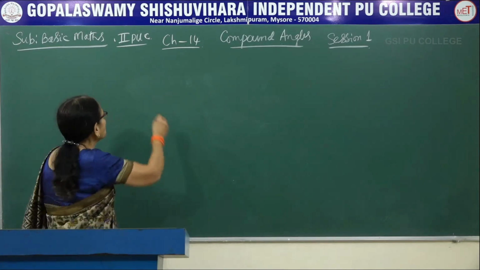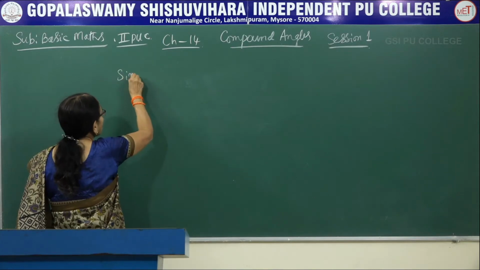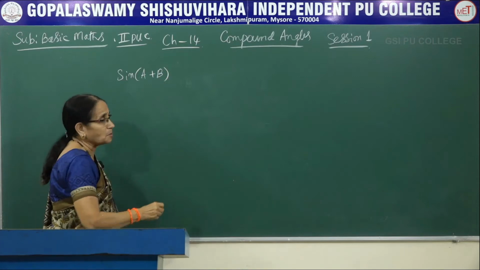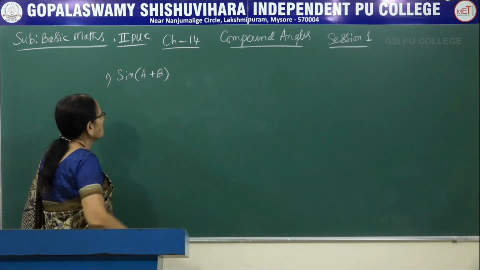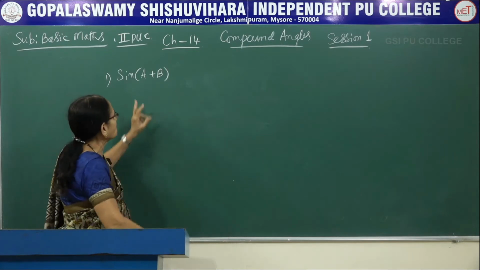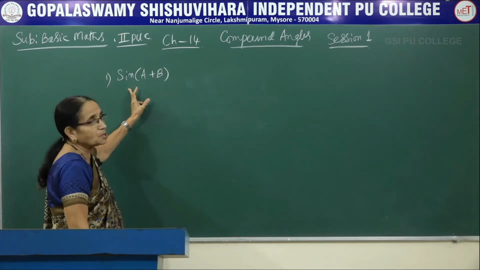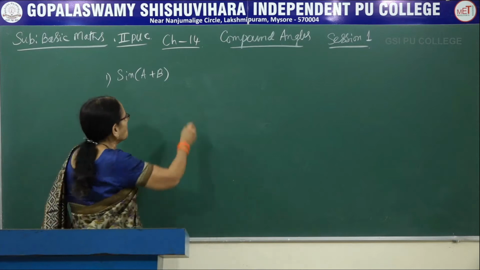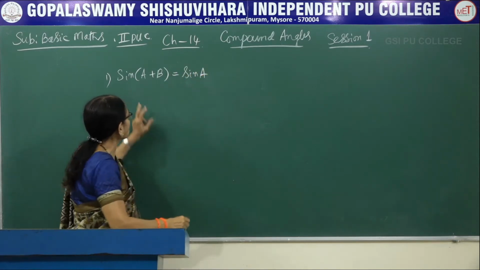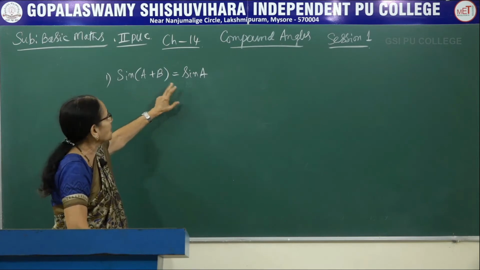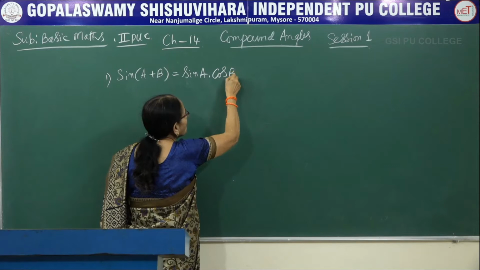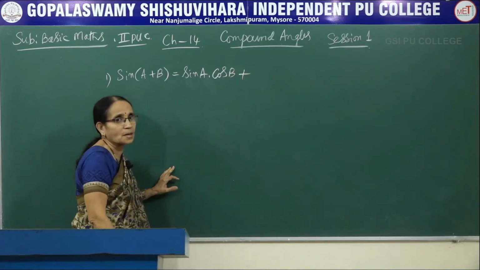The first one is sin of A plus B, the trigonometric ratios of A plus B. A is the first angle, B is the second angle. It is the sum of the two angles for which I am taking the sin ratio. So this would be equal to sin of A, the first angle, into cos of B, that is the cos of the second angle.